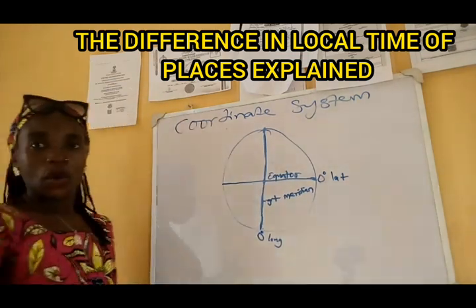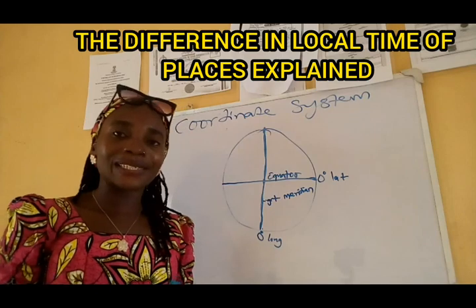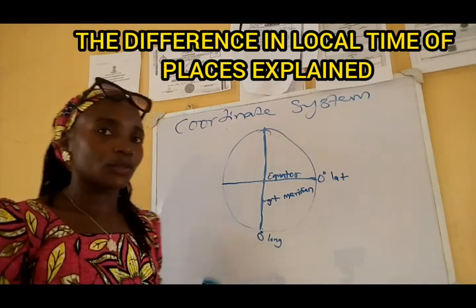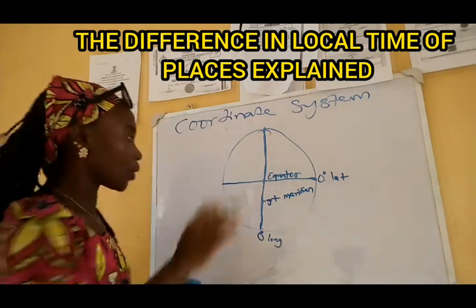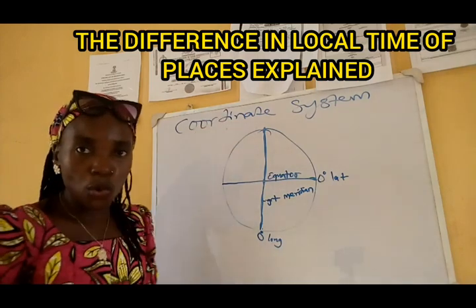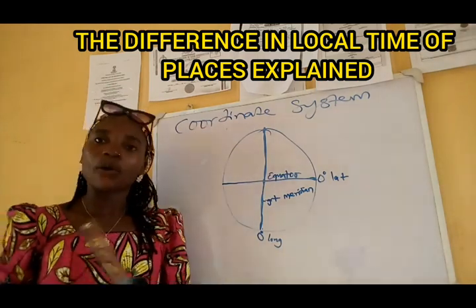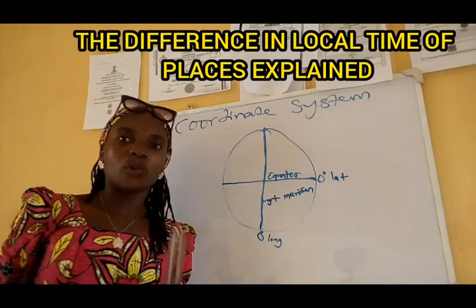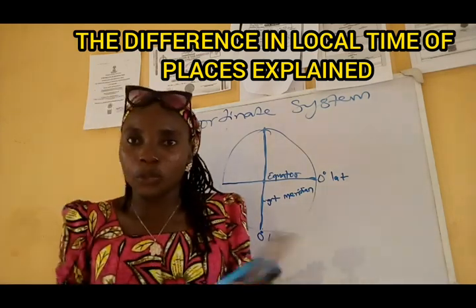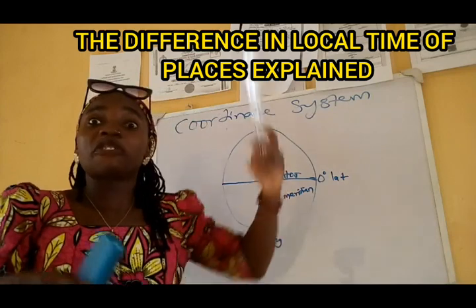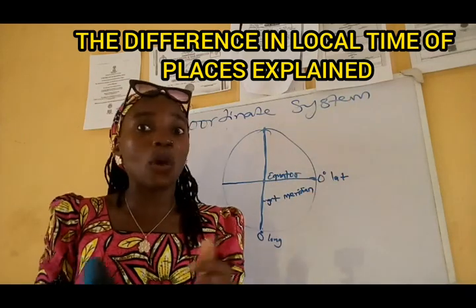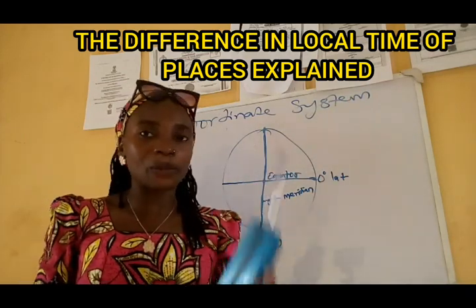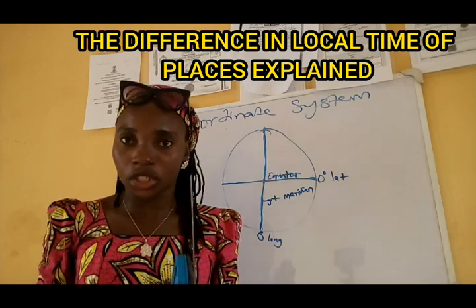When you want to calculate anything that has to do with latitude and longitude, you have to adhere to these two great lines. If you're talking about positioning, I will still explain why your GPS can capture a particular location.